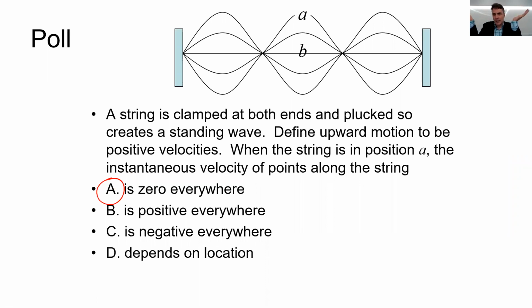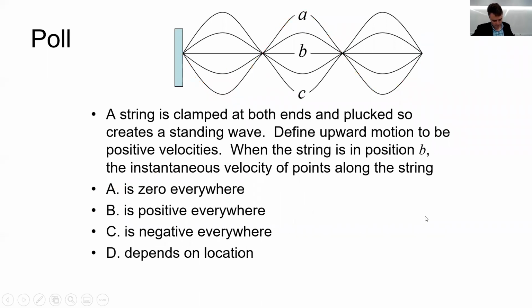Well, the idea here is that every point is oscillating in simple harmonic motion, and when you're at position A, every point is at its maximum displacement from the center. Maybe if we look back at that animation, you can see it a little better.